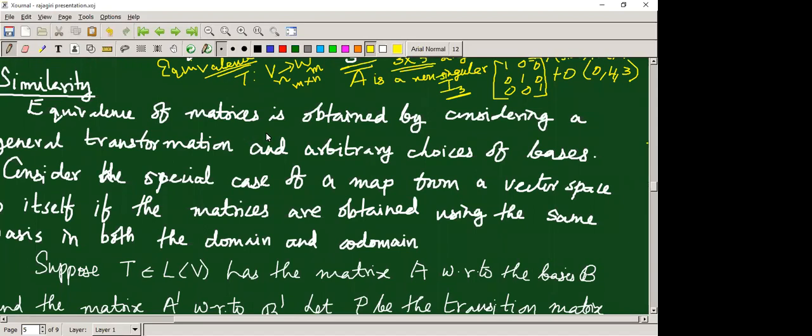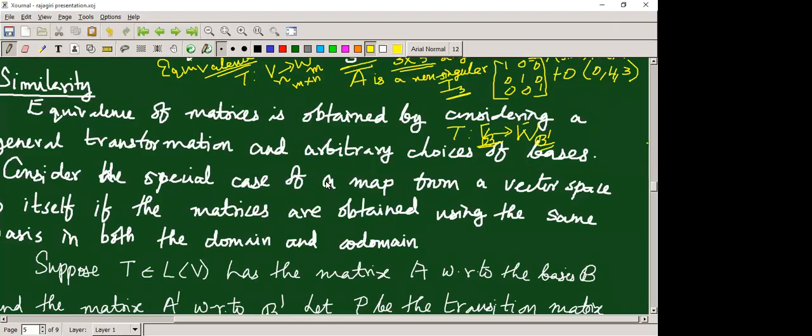We are considering T from V to W. You take B, you take B dash. These are different bases, and V and W are also different. So equivalence of matrices is obtained by considering a general transformation and arbitrary choice of bases.